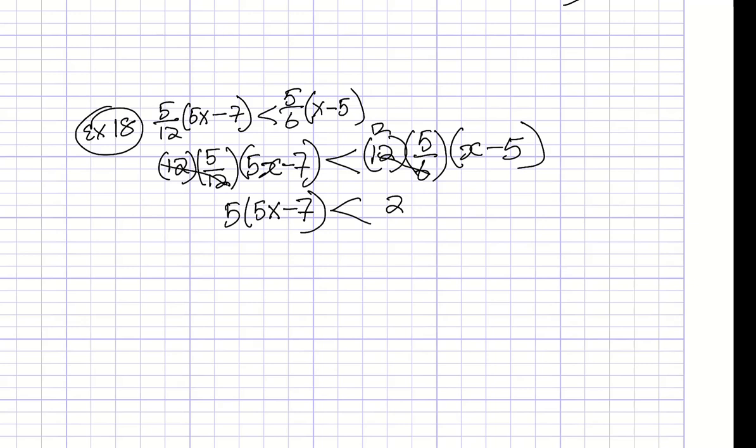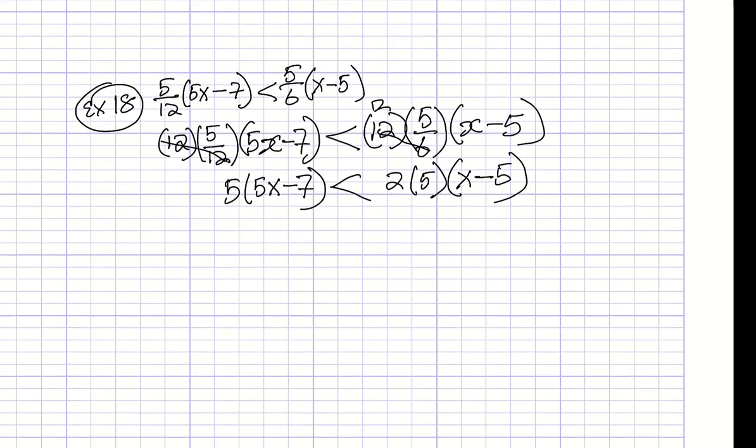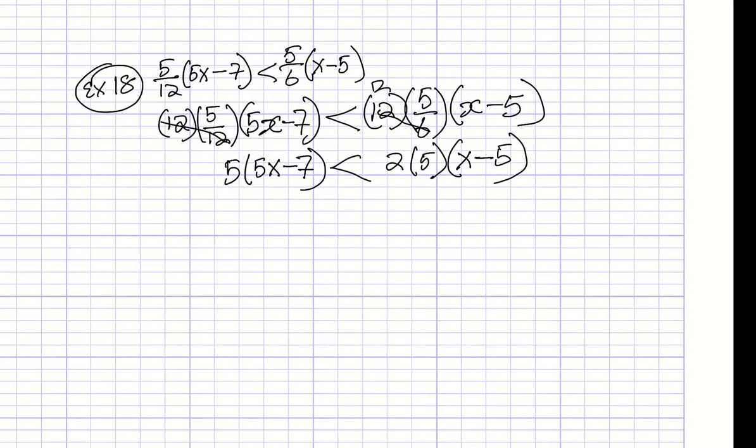Okay. Because no, actually 6 is not there. 6 went into 12, you got 2, sorry. So you get 5x minus 5. Okay, now you start simplifying. You remove the bracket. You get 25x minus, what is that? 5 times 7 is 35.